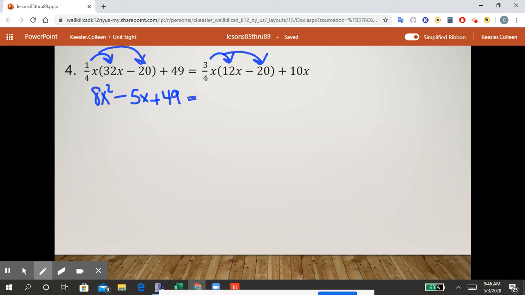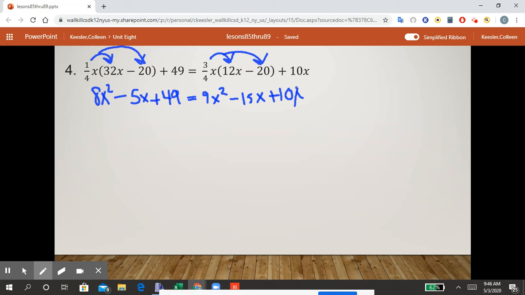We do 12 divided by 4, which is 3 times 3 is 9. And then x times x is x squared. Then 3/4 of 20 is 20 divided by 4, which is 5 times 3, which is 15. Keep the x, plus 10x.